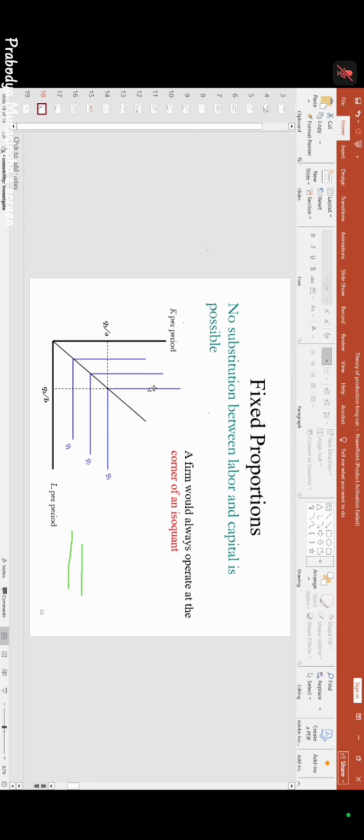If you are operating at other points, what happens? You use only capital, no labor, right? So only at this corner level are you using both capital and labor in combination. Clear?